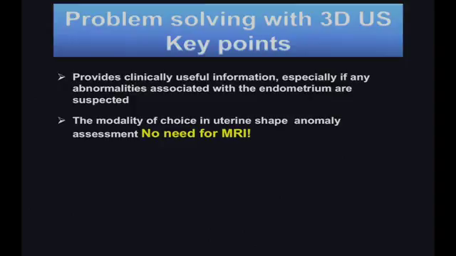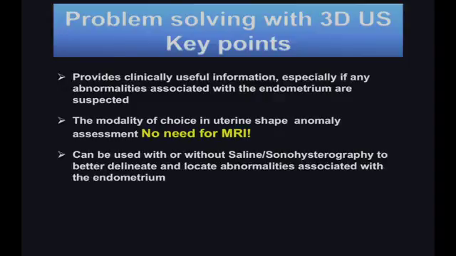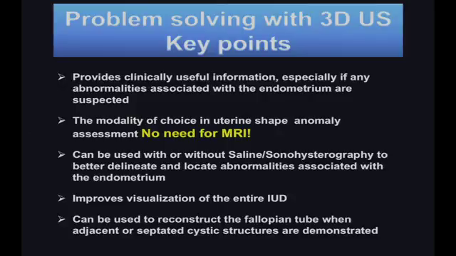It's the modality of choice in uterine shape anomaly assessment, and there is really no need for MRI. 3D can be used with or without saline sonohysterography to better delineate and locate abnormalities associated with the endometrium. It improves visualization of the entire IUD. And finally, it can be used to reconstruct the fallopian tube when adjacent or septated cystic structures are demonstrated.